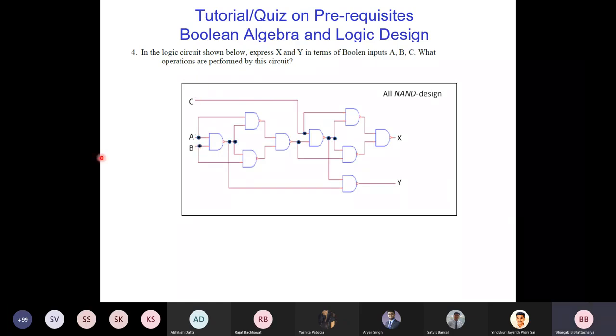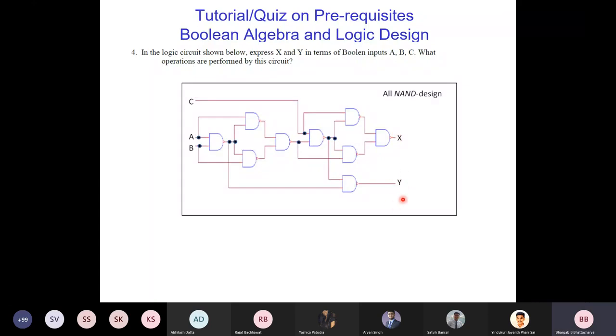What will be the value of A exclusive or B exclusive or C? If only one input is 1, the output is 1. Similarly, if 3 inputs are 1, it is 1. If any 2 inputs are 1, it will be 0. So it is an odd parity function, right? Whenever an odd number of variables out of ABC are 1, the output is 1. So the sum function is called the odd parity function.